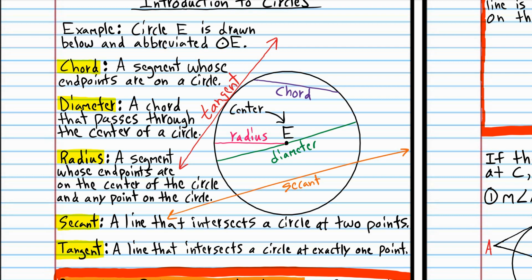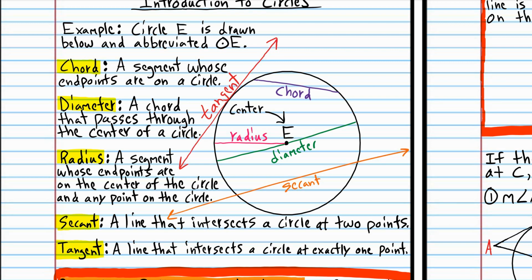And if you have a line that hits two points on the circle, then that's called a secant line. And if you have a line that hits the circle at one place, then that's called a tangent. This is a tangent. It hits at one point on the circle.